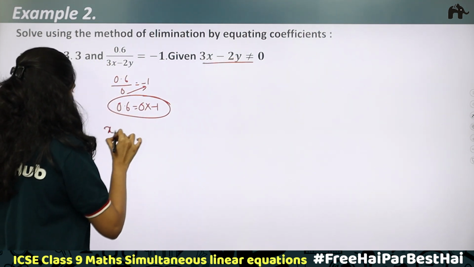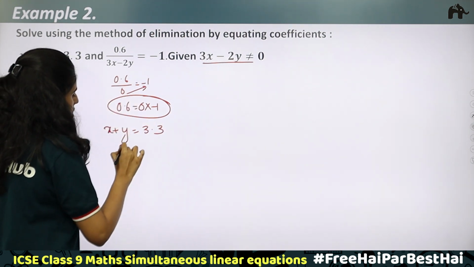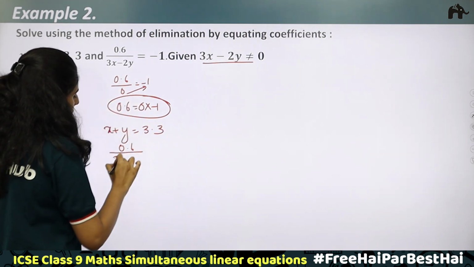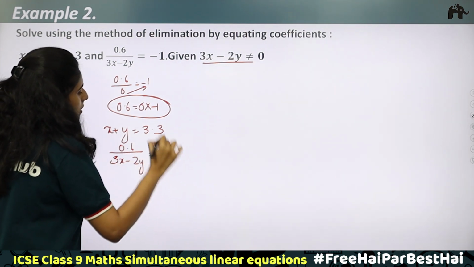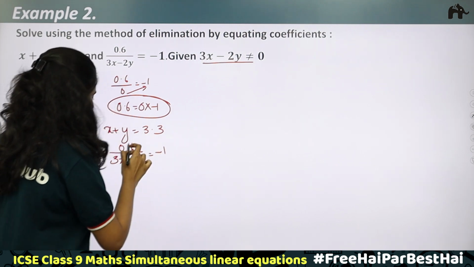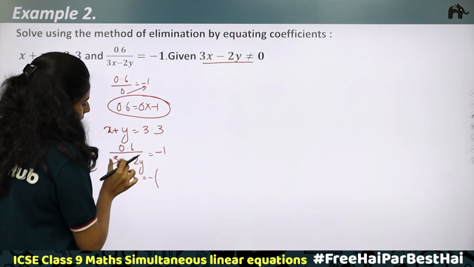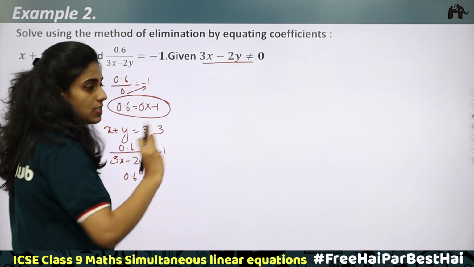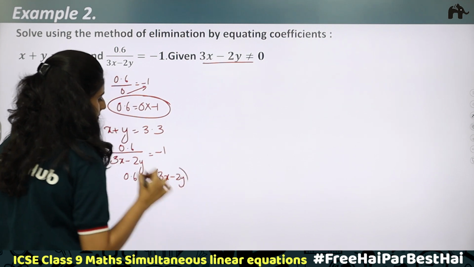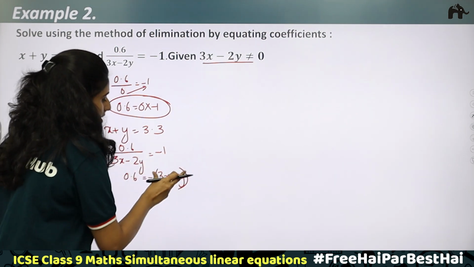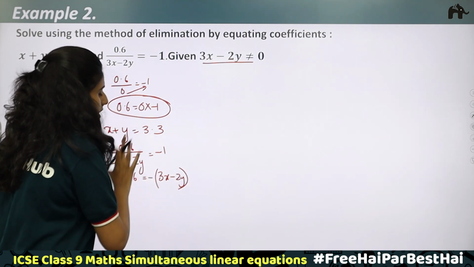Okay, so first equation is x plus y is equal to 3.3 and the second equation is 0.6 divided by 3x minus 2y is equal to minus 1. Making rearrangement, here we have 0.6 is equal to minus of 3x minus 2y, taken to the opposite side numerator. Here this whole term has a negative sign. Now I am taking this term to the left hand side.